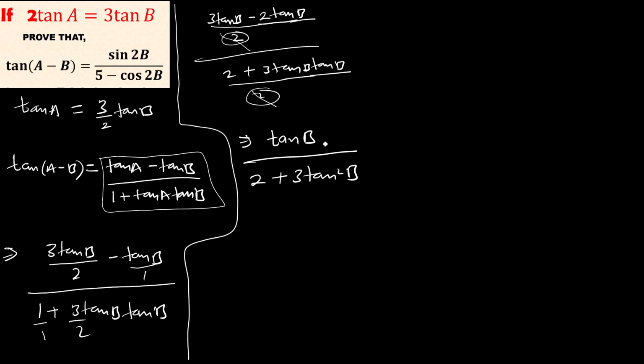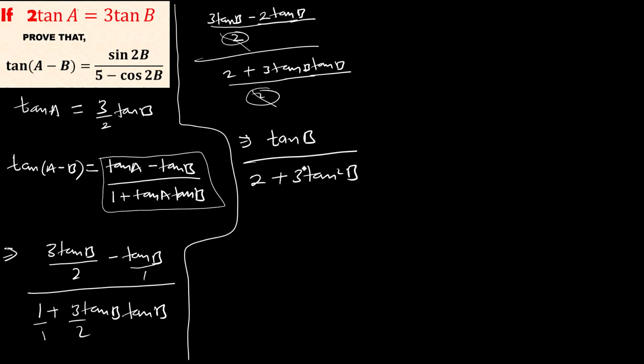So we know tan B from our basic trick. Tan is the same as sine over cos. So tan B can be written as sin B over cos B. Since we have it in terms of sine and cos, we have no option but to change this tan to sine and cos.